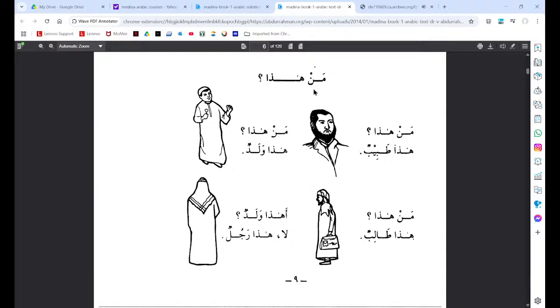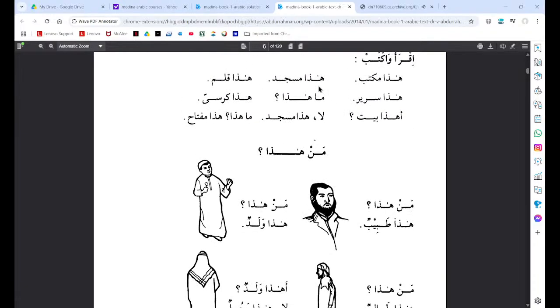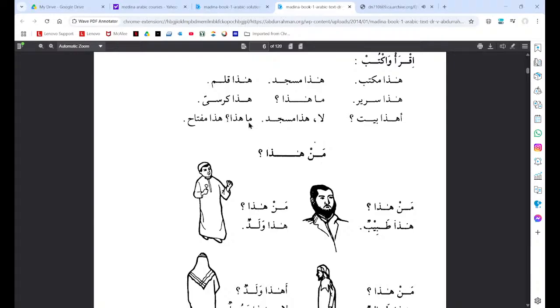Now this is very important to understand: the difference between ما هذا and من هذا. This ما هذا can only be used for inanimate objects, as I mentioned when I described this particle to you, اسم استفهام لغير العاقل. That means for something without intellect. So you can't say ما هذا when you're talking about a person.